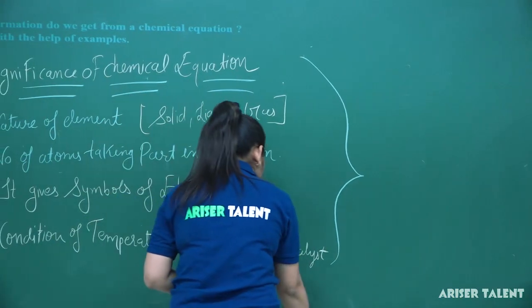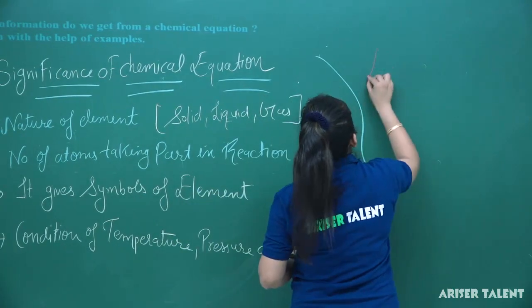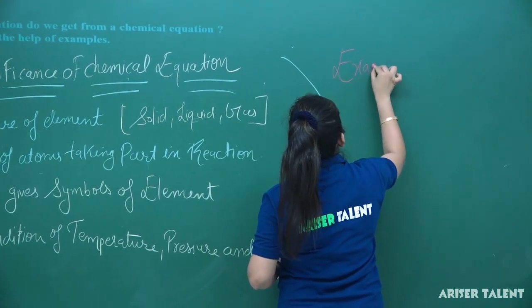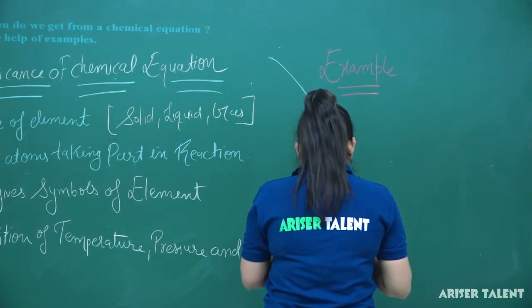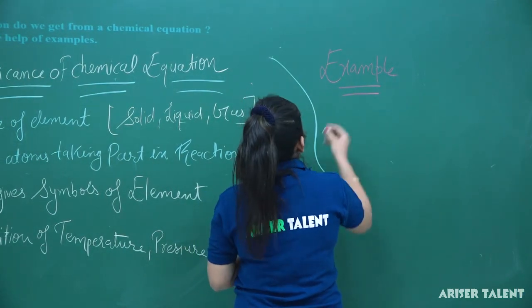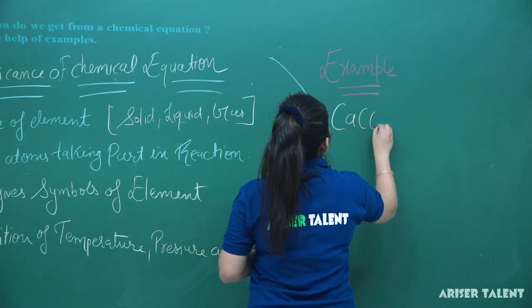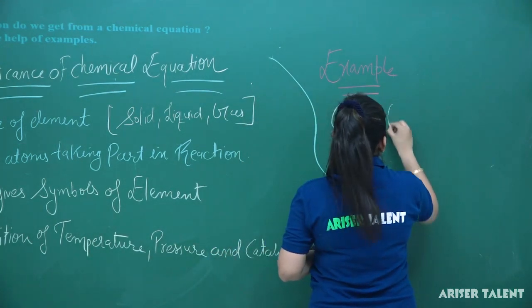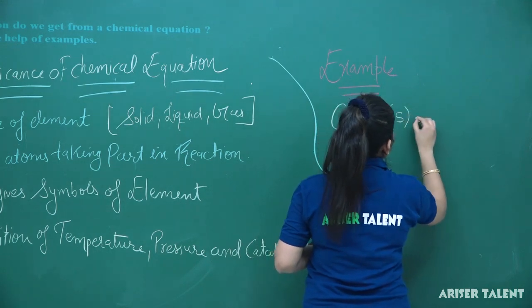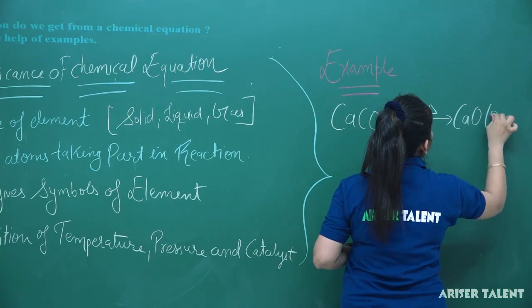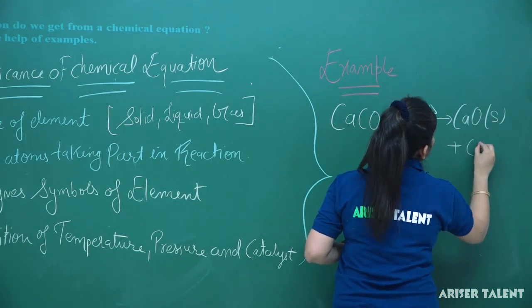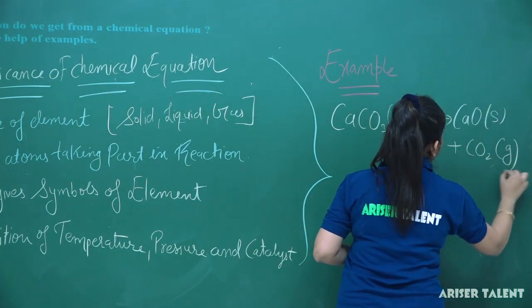So we have an example here. Our first example here is CaCO3, that is solid, on heating gives us CaO, that is also solid, plus CO2, that is gas.